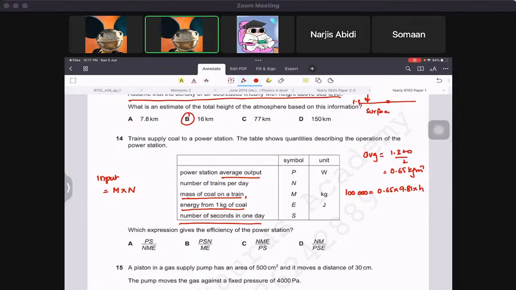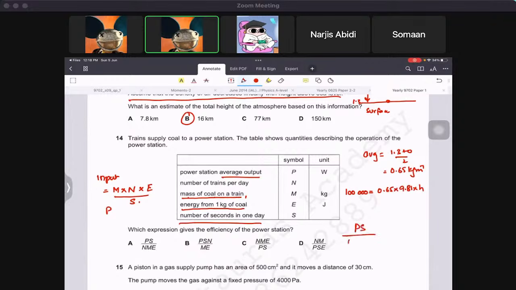And then times the energy of 1 kg will give you the total energy, divided by number of seconds in 1 day would give you the total input, and output is just power, P. Okay, so output over input would be PS over MNE. A has to be the answer.